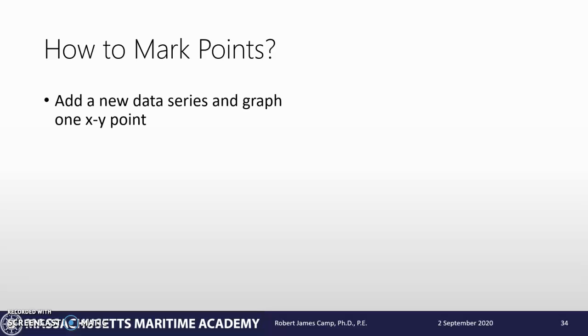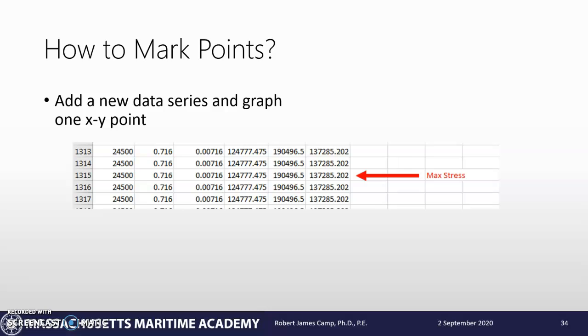I'm going to go back to our graph and we're going to add one data point. What I'm going to show you is how to do the ultimate, because the ultimate is the maximum stress. So you want to go down there and find out what the maximum stress is. You can either look at the numbers. The easiest thing to do is run that max function to find out what the maximum stress is. So we found that this maximum is at 0.1315.